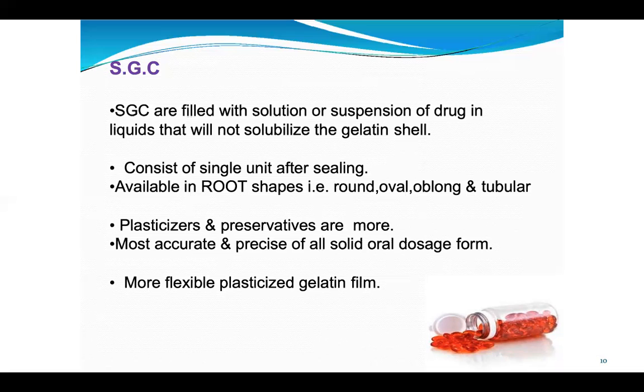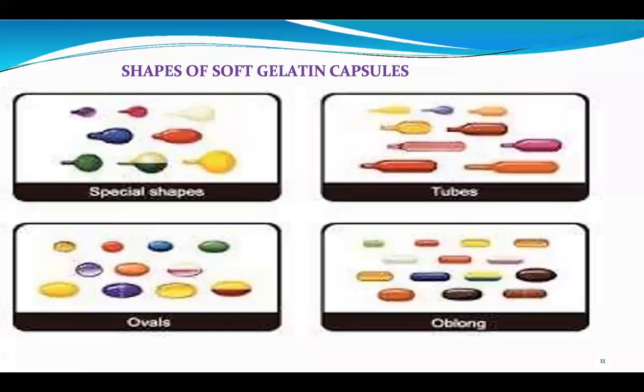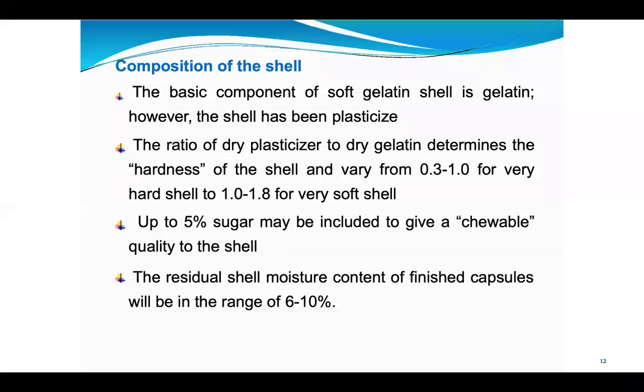Plasticizers and preservatives are included, and they are the most accurate and precise of all solid oral dosage forms. More flexible plasticized gelatin film is there. You can see the shapes of soft gels: special shapes, tubes, oblongs, ovals. These are different shapes of soft gelatin capsules.